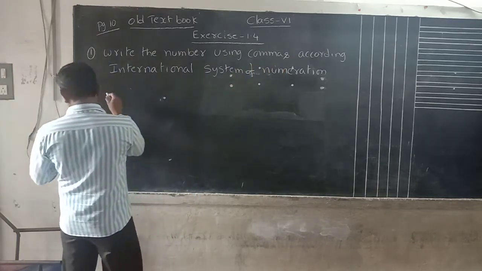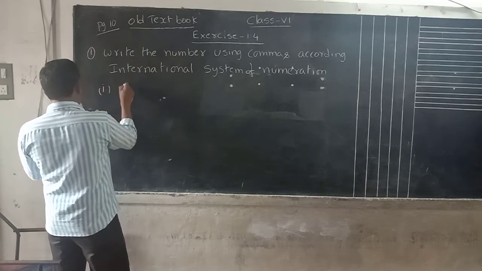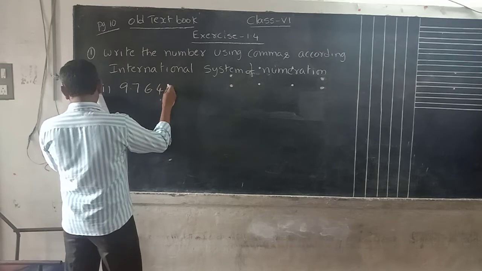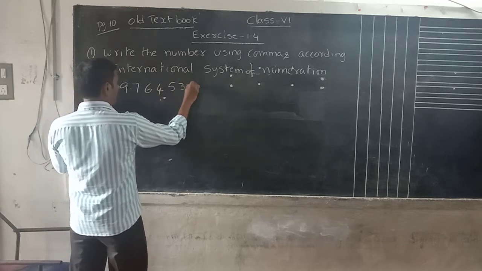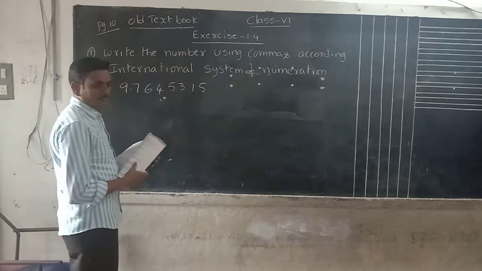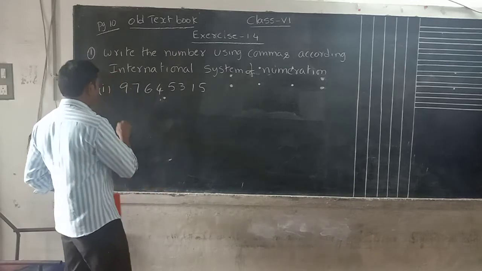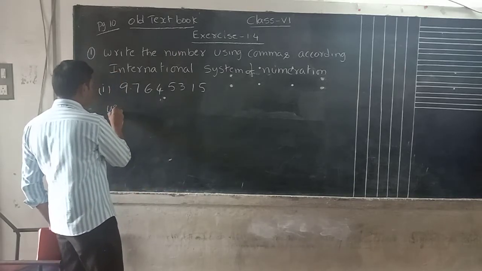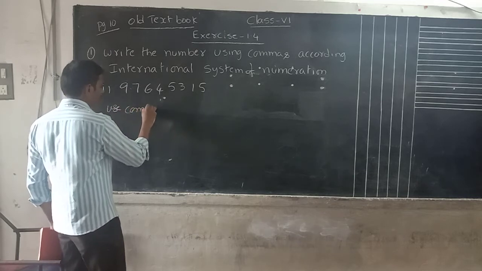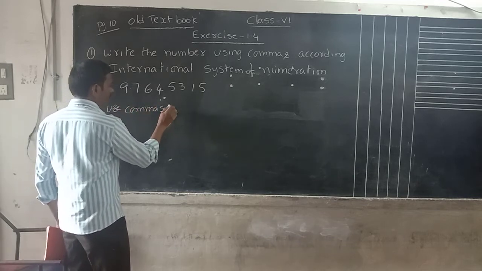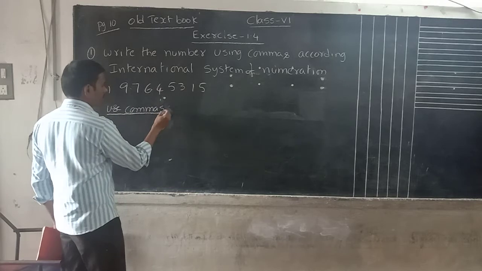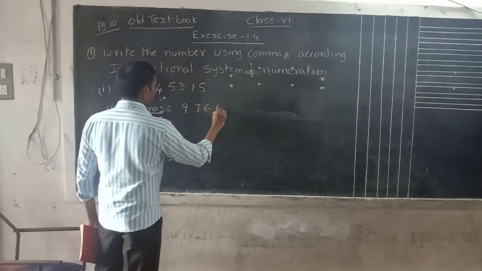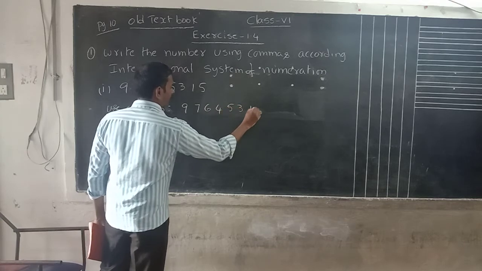What is the first question here? First question: 9 7 6 4 5 3 1 5. This is the number given to you. We have to use commas. First, what is the number given? 9 7 6 4 5 3 1 5.